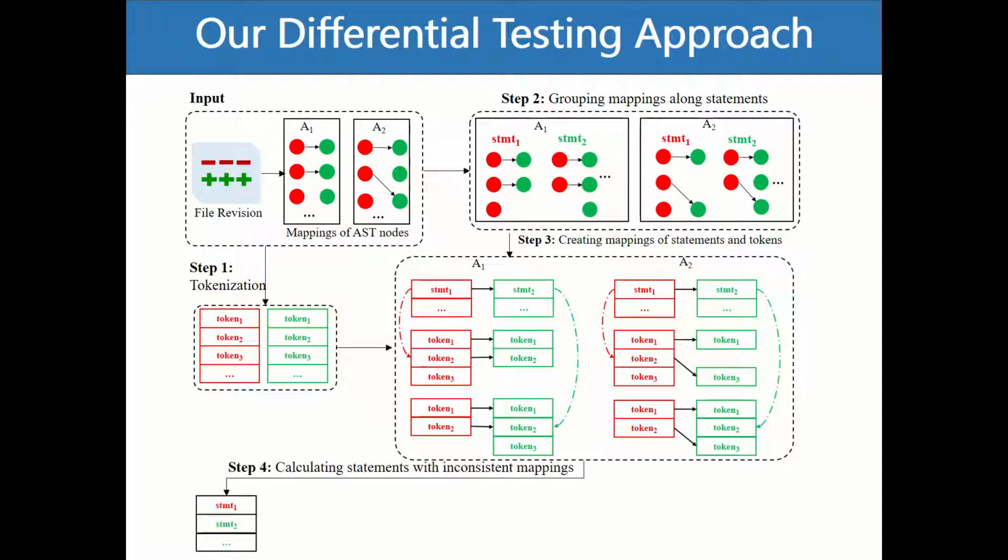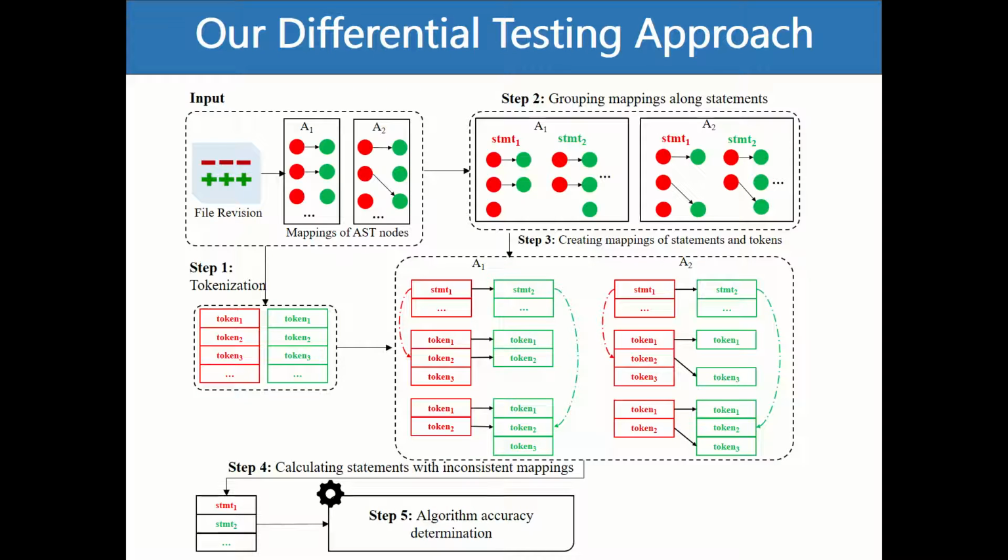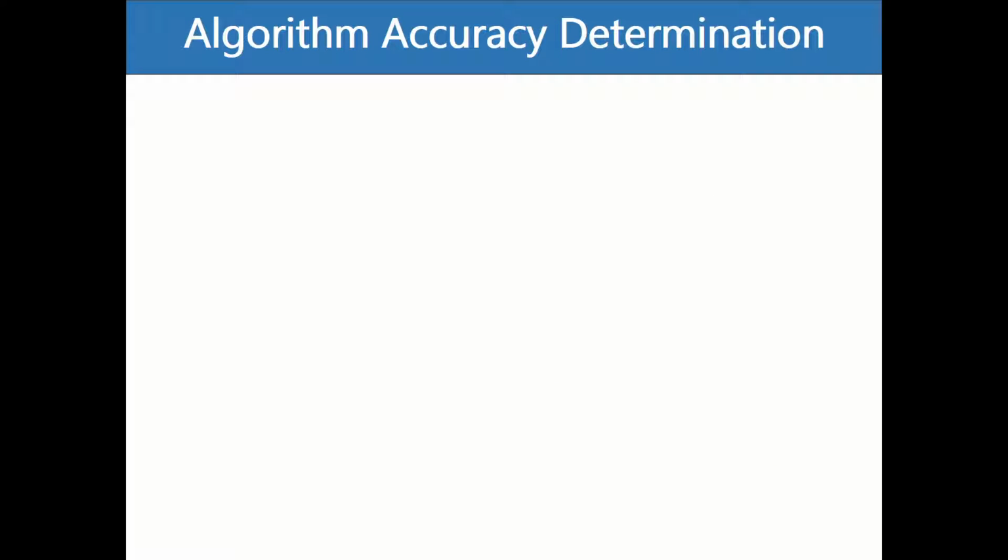After that, based on mappings of statements and tokens, we calculate statements with inconsistent mappings. Finally, we determine which algorithm generates the inaccurate mapping and output the statements with inaccurate mappings as generated by each algorithm. When two algorithms generate inconsistent mappings, our approach can automatically determine the accurate algorithm.